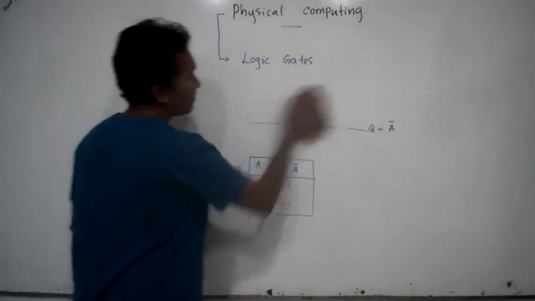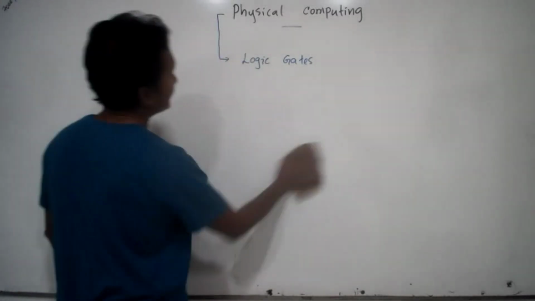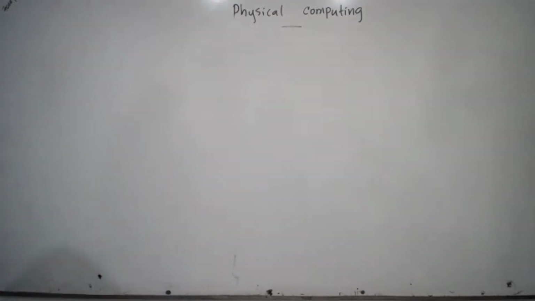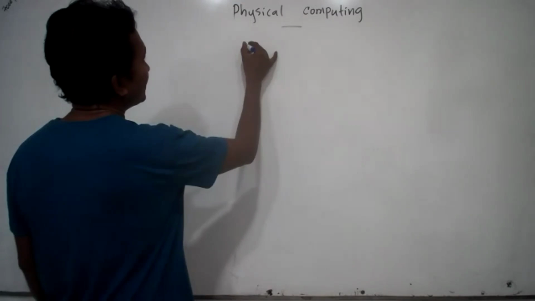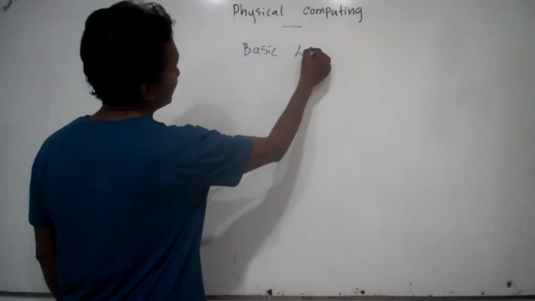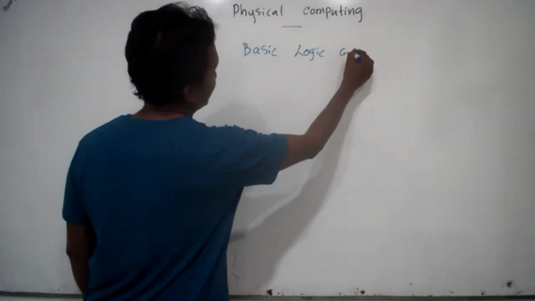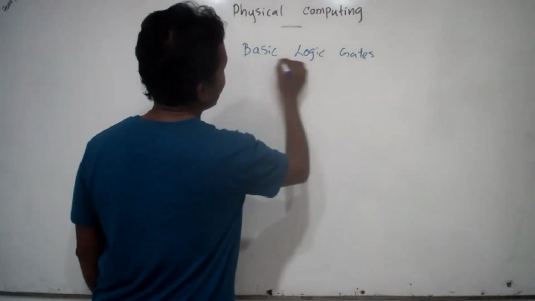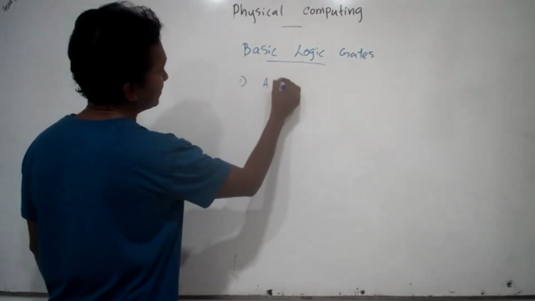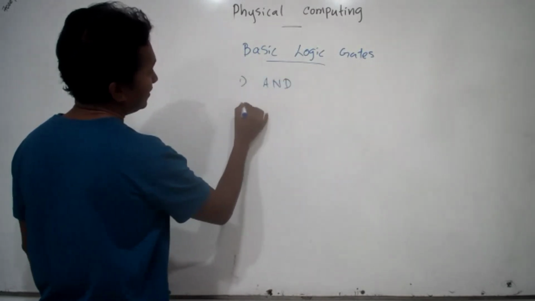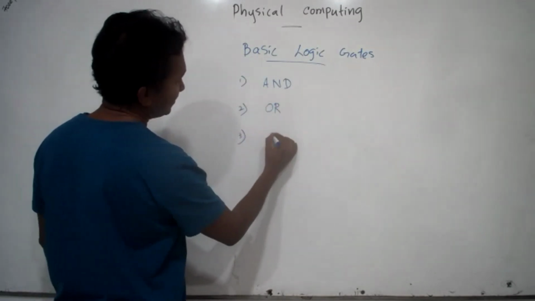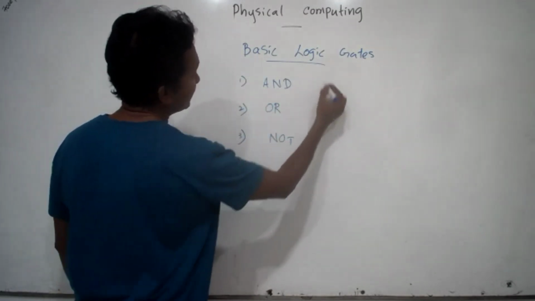So these are the basic logic gates. That means it can be an AND gate, it can be an OR gate, it can be a NOT gate.